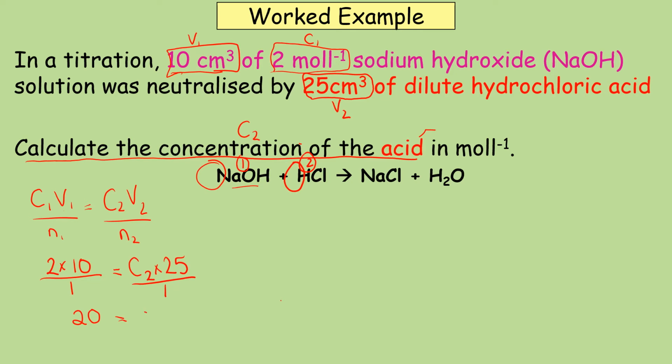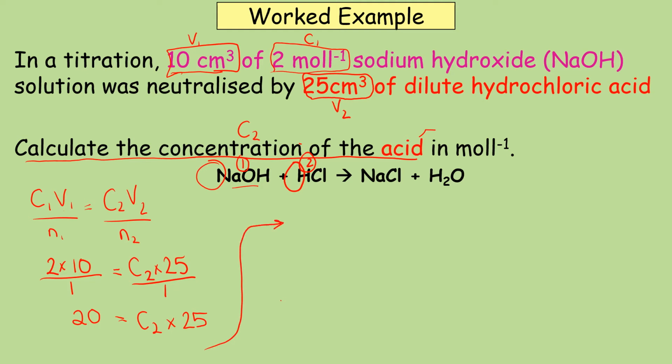On this side, we keep C2, and what we've got to do is figure out what we're multiplying it by. If we multiply it by 25 and then divide it by 1, that's the same as just multiplying it by 25. So C2 times 25. Now, I'm running out of space working down the page, so I'm going to work up here now.